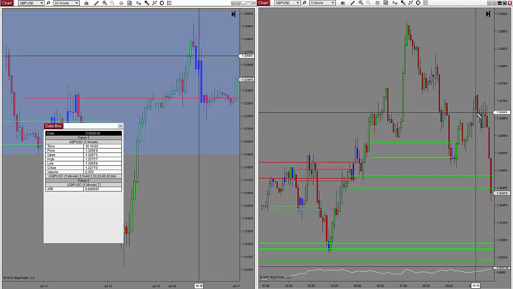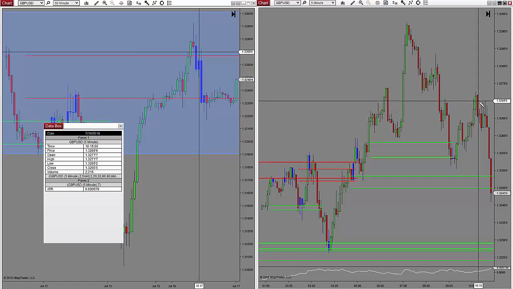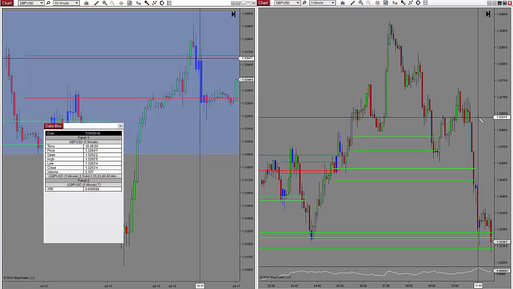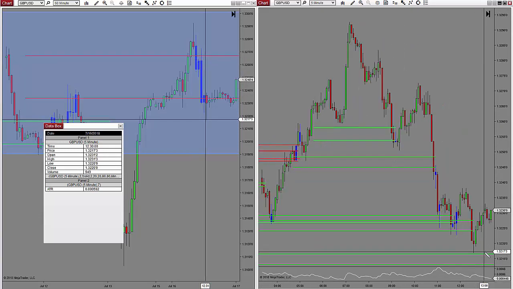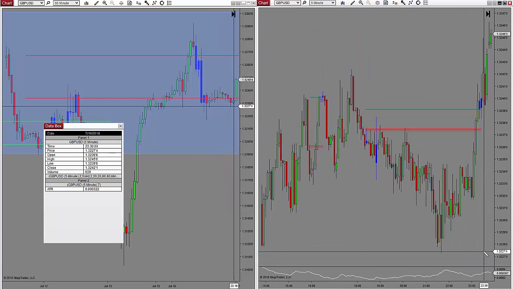My entry would be on this down red bar. Now I have 6 pips of risk because my ATR is 6. My entry is going to be 64.2. Still in the trade, never stops me out. Now I need to get down to 62.04, which doesn't look like it's going to make it.